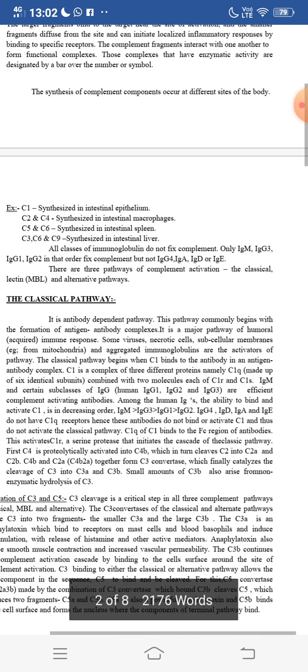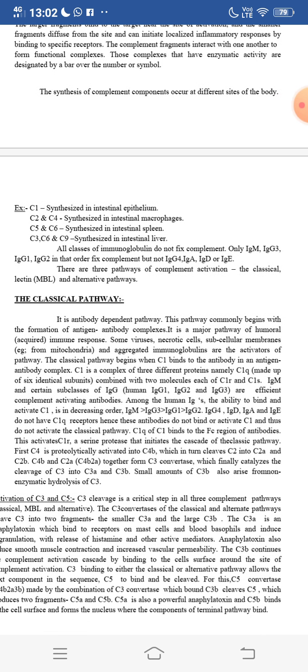So all classes of immunoglobulin do not fix the complement. Only IgM, IgG3, IgG1, IgG2, in that order, fix complement, but not IgG4, IgA, IgD or IgE. So all classes of immunoglobulin will not get fixed with the complement system.